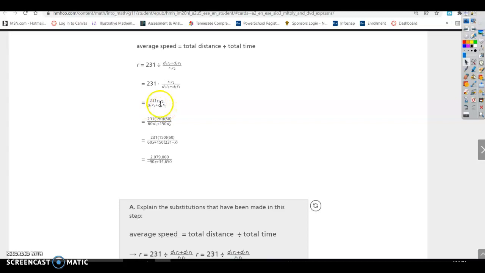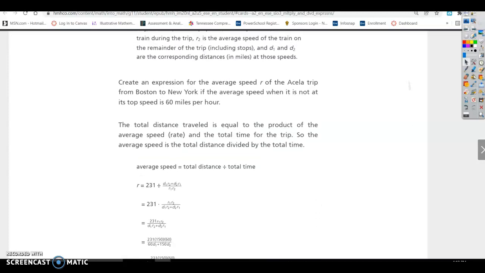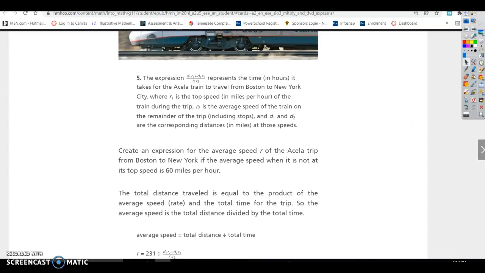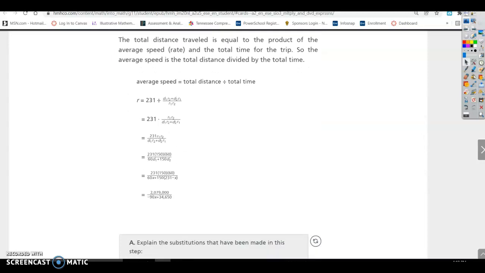All right, so we're going to substitute what we know. R1 again was 150. R1 represented maximum speed. R2 represented the average speed. And then, let's see, D1 and D2. D1 and D2 represents the distance in miles at those speeds. All right, and that was 60 and 150.